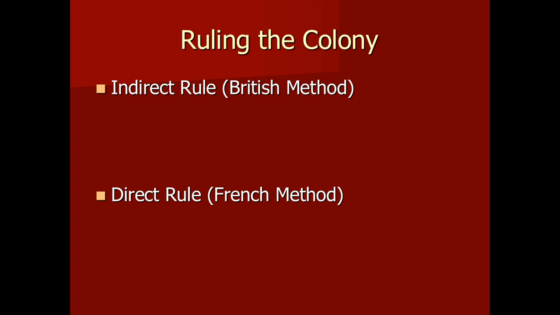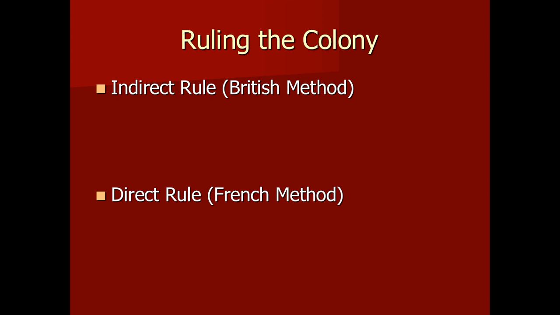The second method, direct rule, is the French method. It's just like it sounds. They would come in and kick out all of the leaders, either executing them or disbanding their power, usually killing them. This would result in the French taking direct control over wherever it was that they were taking over.